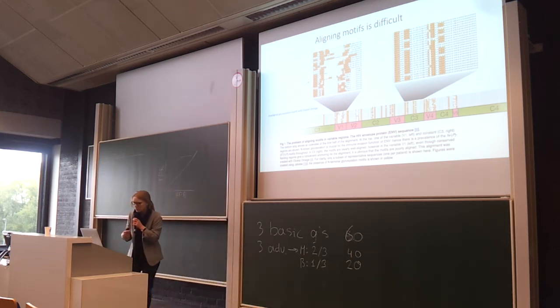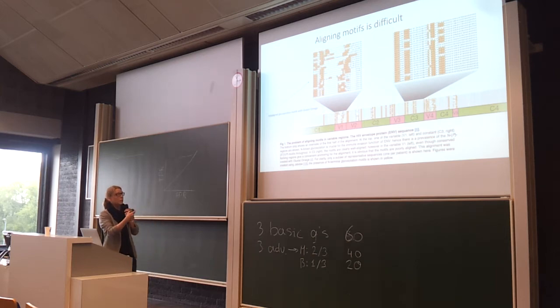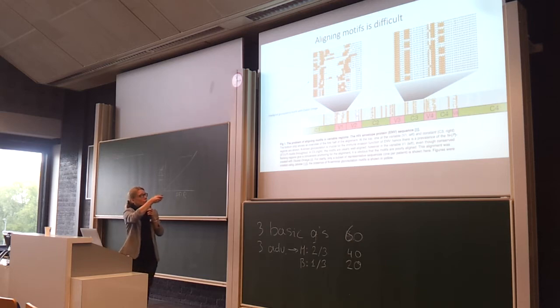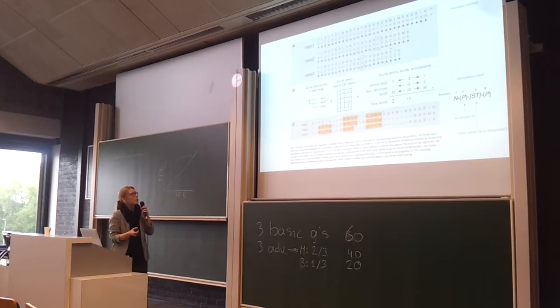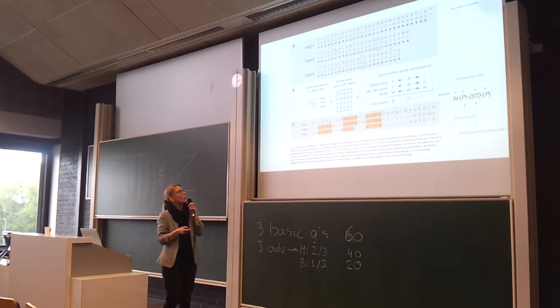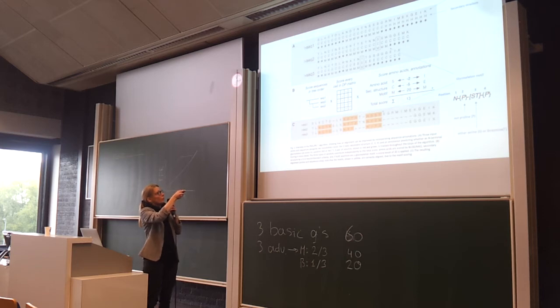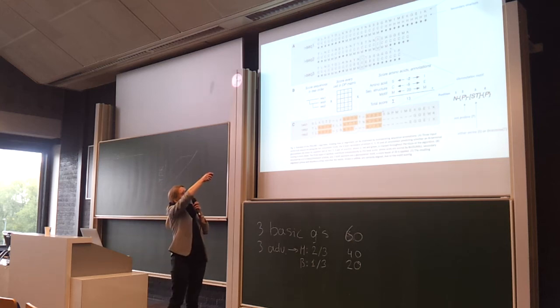So the question is, can we improve upon this? And this is where Maurits Dijkstra came in, and he generated a protocol with which you can really do better here. And I'll show you that in a minute. So imagine that you have three sequences here, yeah? So we have sequence 1, sequence 2, and sequence 3. And we have annotations, so we have the amino acid sequence, that's what you use to align.